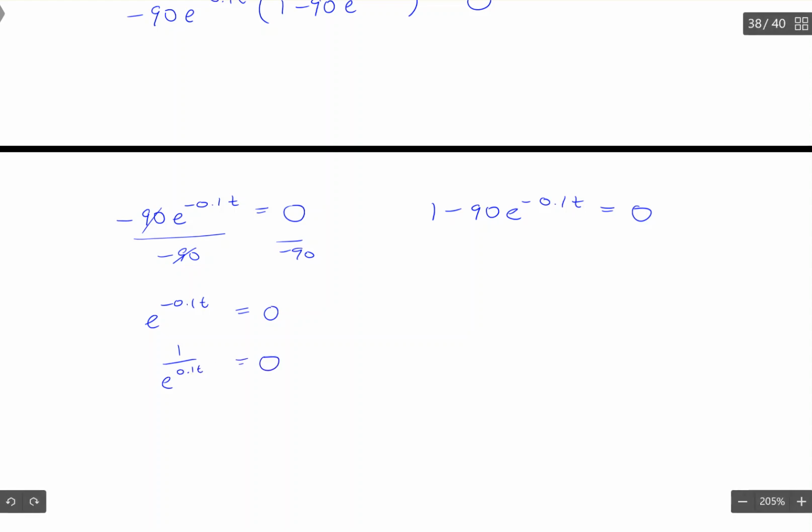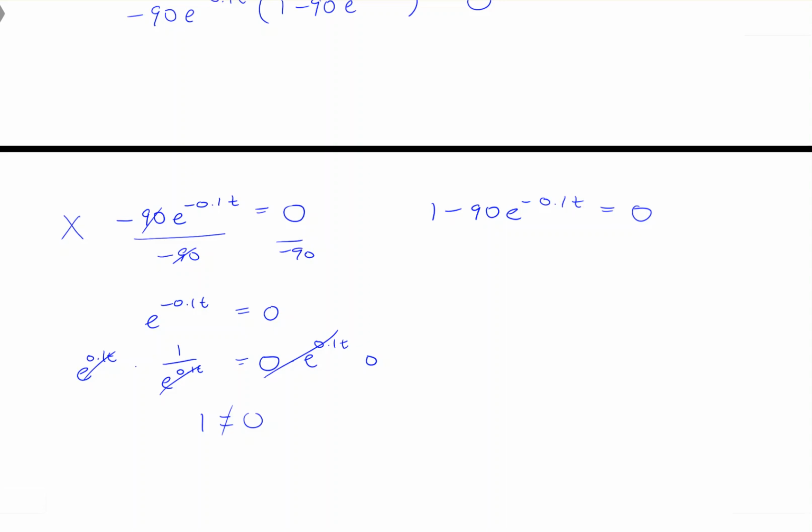But now if I multiply both sides by e to the 0.1t, look what happens. Cancels out here. That product is still 0. I get 1 equals 0, which is a contradiction. What that tells me is this particular equation just simply doesn't lead to any solutions.